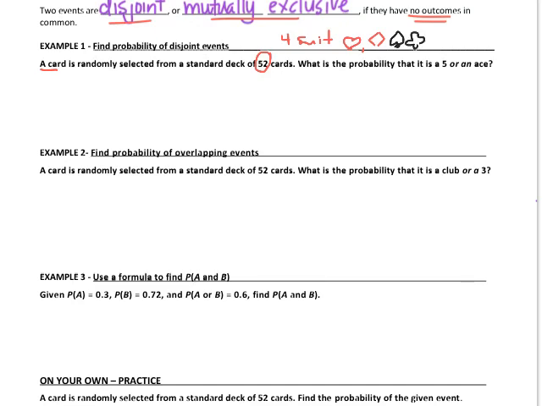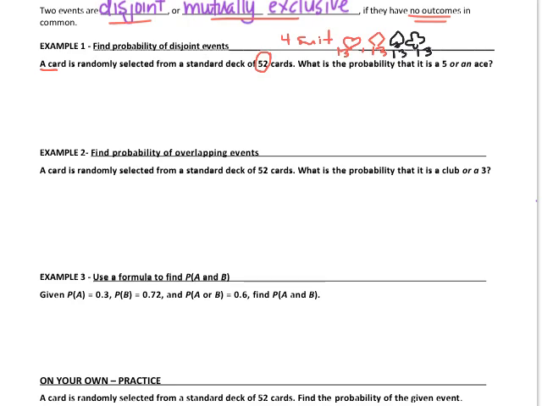Those are the 4 suits. And then, of course, each suit has 13 cards in it. So there are 13 hearts, there are 13 diamonds, there are 13 spades and 13 clubs, and that's a total of 52. And remember, each suit has a jack, a queen, a king, and 1 through 10 in terms of the cards that they have.